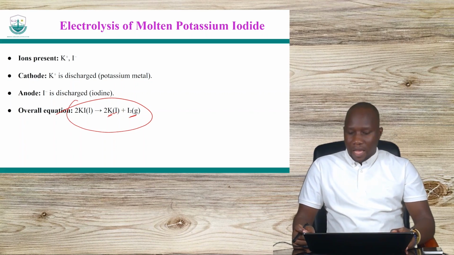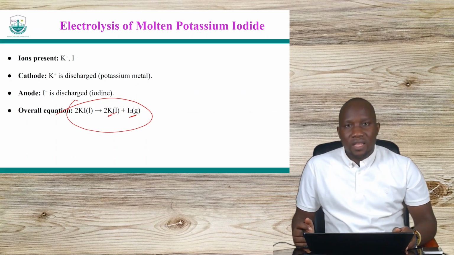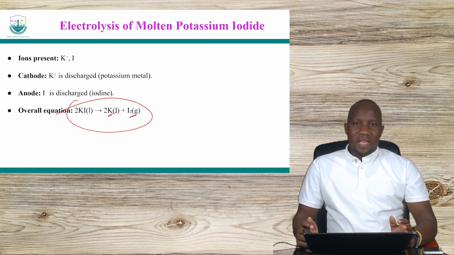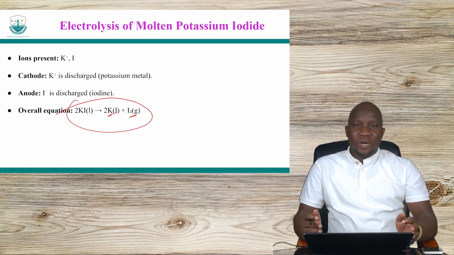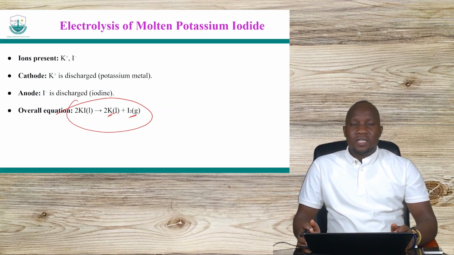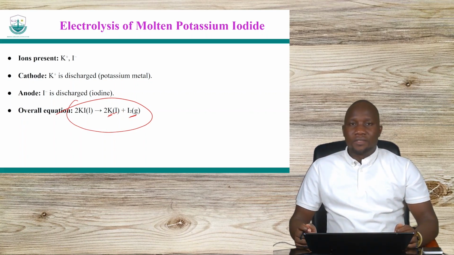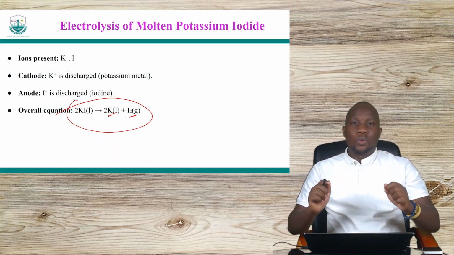Okay, so that marks the end of this session where we have looked at the different electrolytes and the products that are given out when we pass electricity through them.